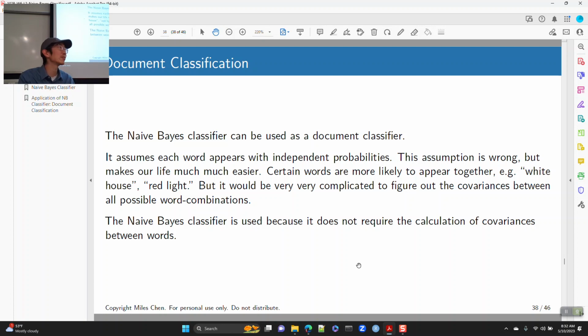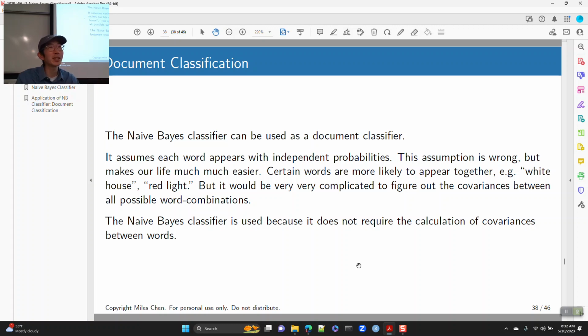We know in real life some words are more likely to appear together, and other words are not. Here I said white and house are more likely to appear together, or red and light. It doesn't even have to be two adjacent words.